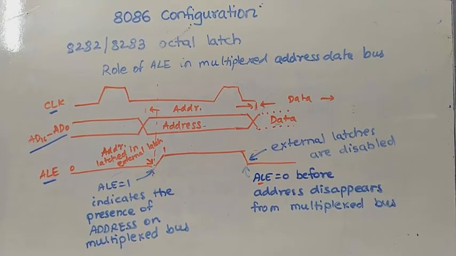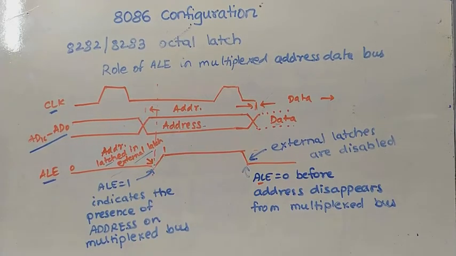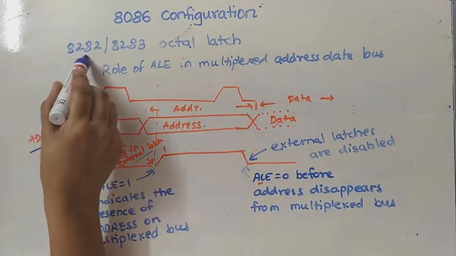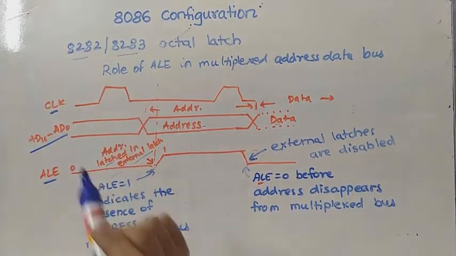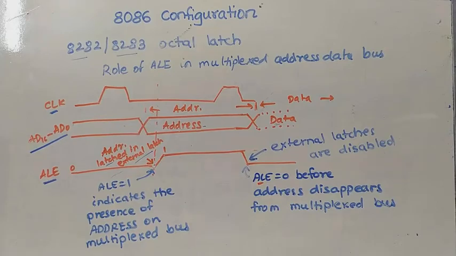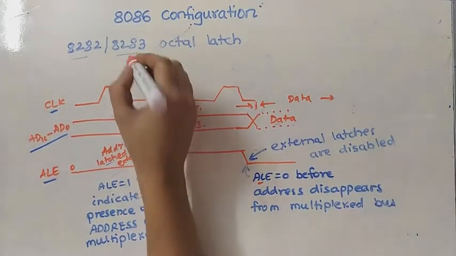Here we have seen that the address is latched into the external latch, and there are two popular external latches, one is 8282 and another is 8283. The 8282 is a non-inverting octal latch, and the 8283 is an inverting octal latch.